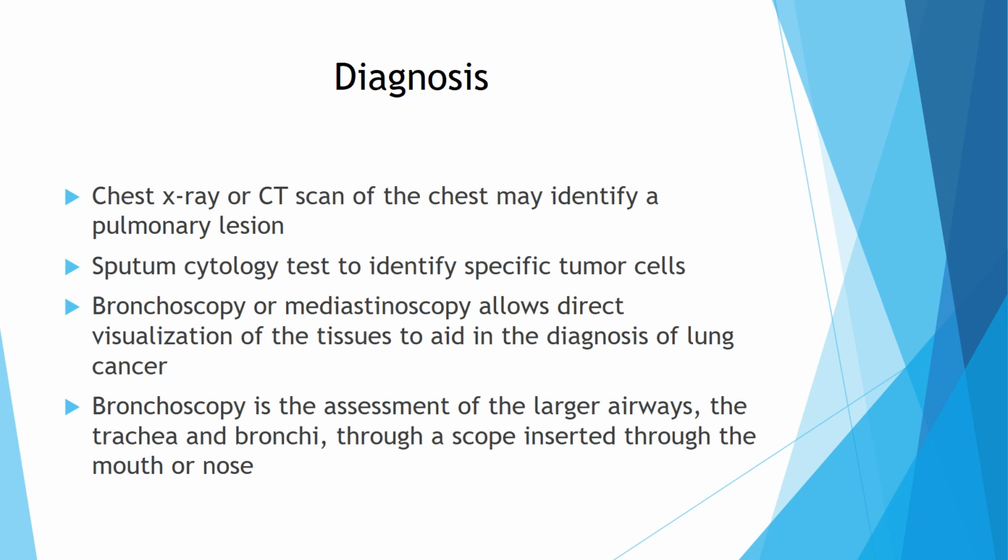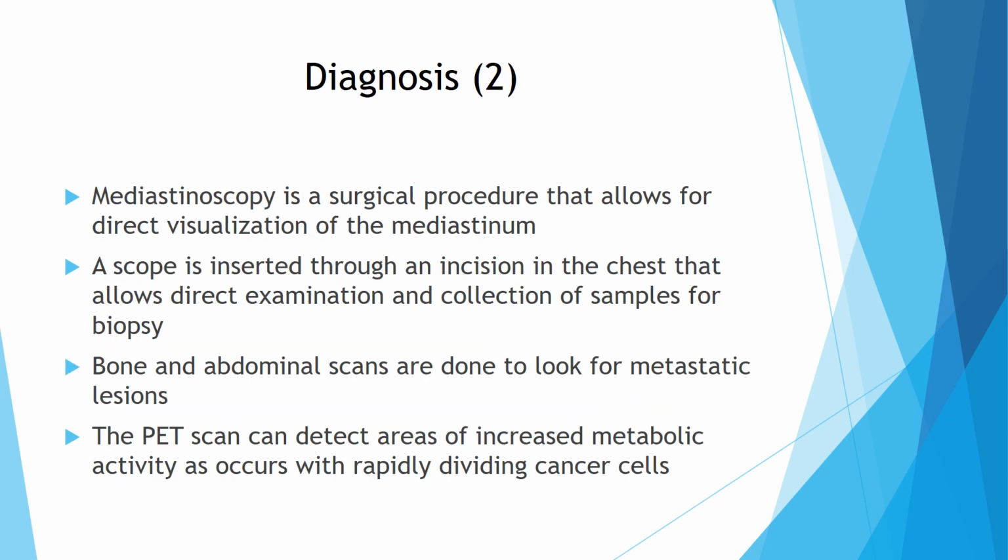The bronchoscopy is the assessment of the lower airways, the trachea and the bronchi, through a scope that is inserted through the nose or the mouth, and we talked about this when we were talking about laryngeal cancer as well. However, a mediastinoscopy is a surgical procedure that will allow for the direct visualization of the mediastinum.